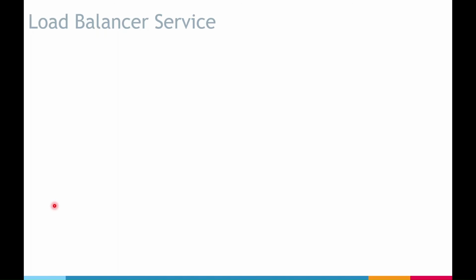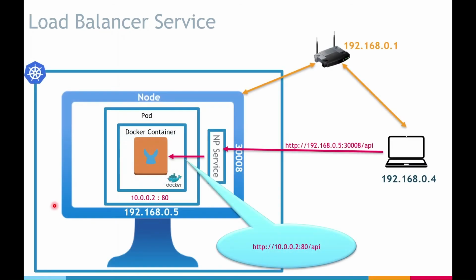To understand this service, let me bring up the node port service diagram. So here's the diagram. Now we have seen that in node port service, if some person wants to access the service and he is outside the cluster, he can basically leverage the node port service. So it opens a port on the node in which the pod is running, right? And that was quite a good option.